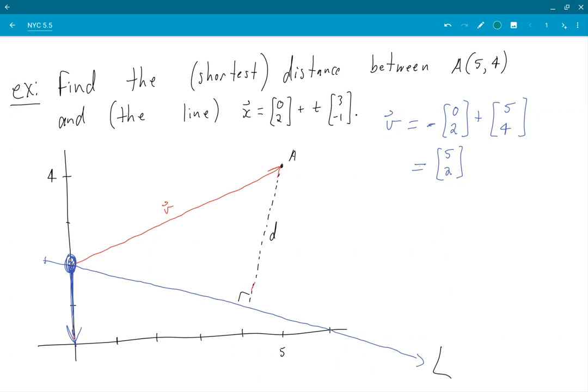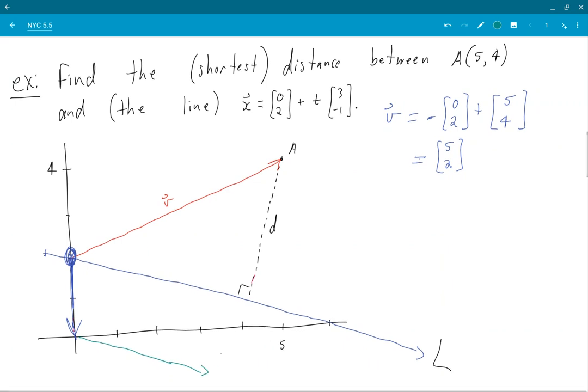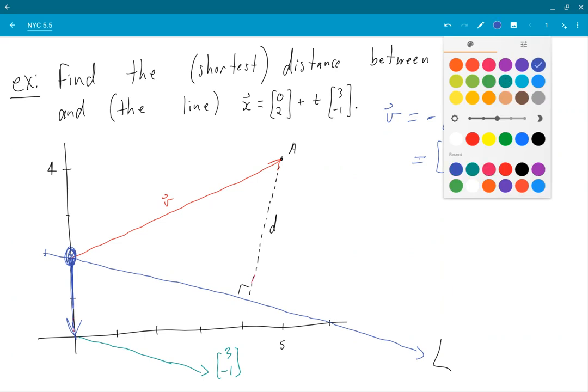So I want to take the projection of V onto this line L, but we're not going to project onto the line. We're going to project onto the direction vector for the line. So this is the vector 3, minus 1. We'll do that next.